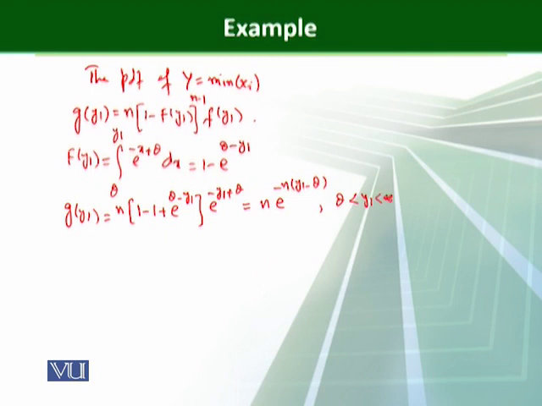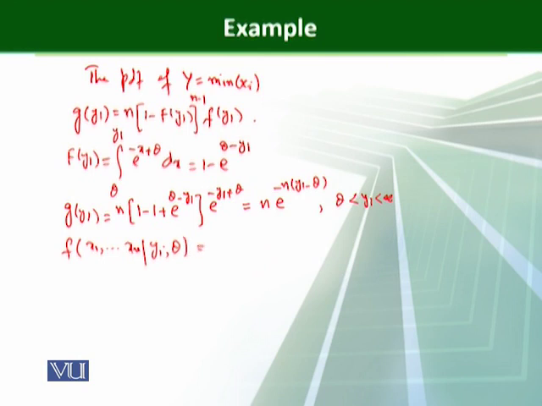Now we are going to find the conditional distribution, that is, the sample observations x1 up to xn given y1, with respect to theta.